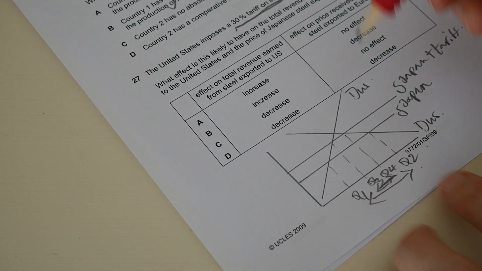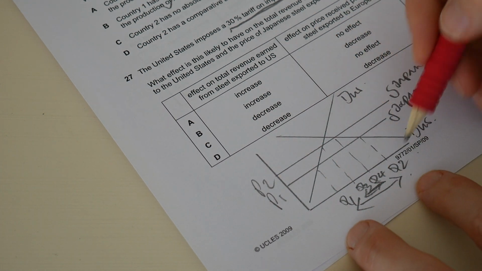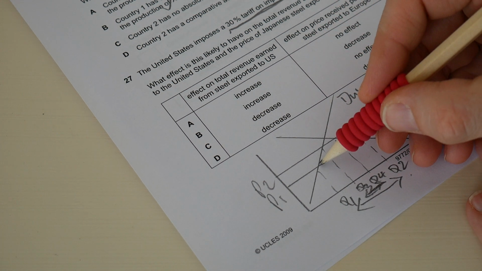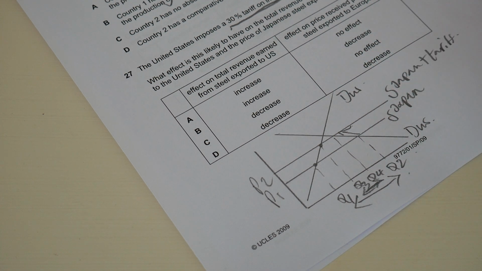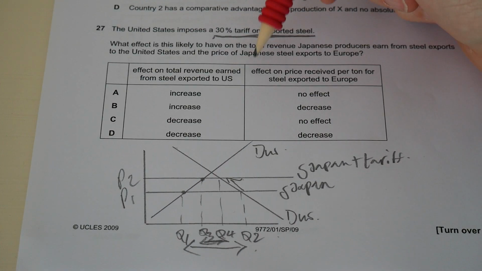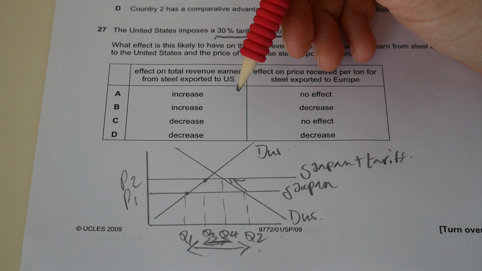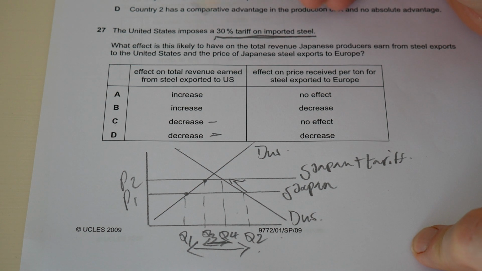So with these two price levels, we've got a contraction in the amount of demand, and further to that, the US makers are now increasing their production of steel. So Japan is certainly going to earn less revenue. So there's going to be a decrease in revenue. Let's just put that square for the camera there. So there would certainly be a decrease in revenue taking place here. So we're led through to C or D.